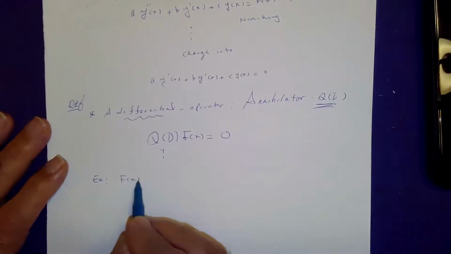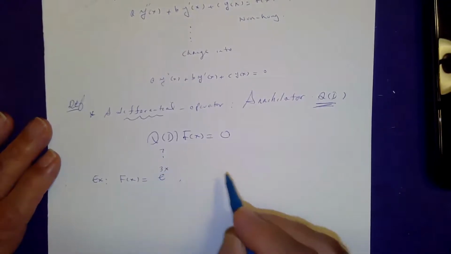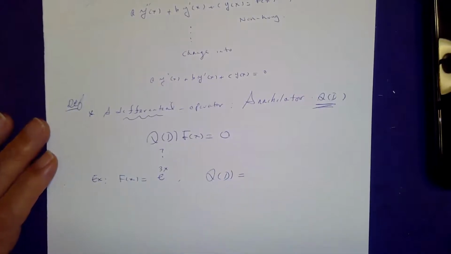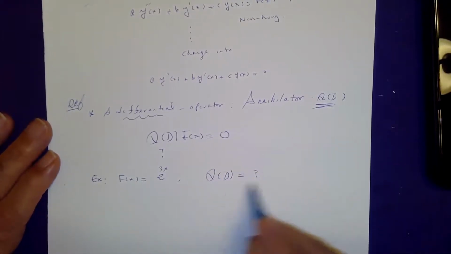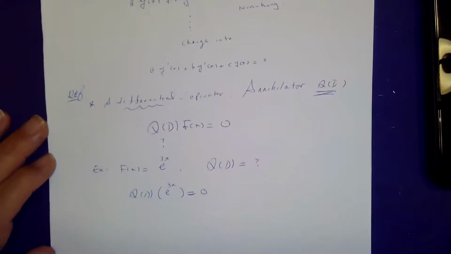Suppose your f of x is, let's say, e to the power of 3x. I need a differential operator, which I am trying to find, such that the minute I apply it to e to the 3x, it changes the function to 0.